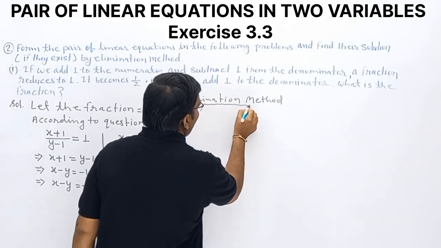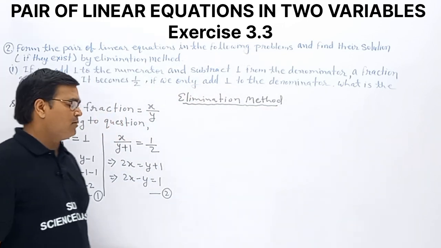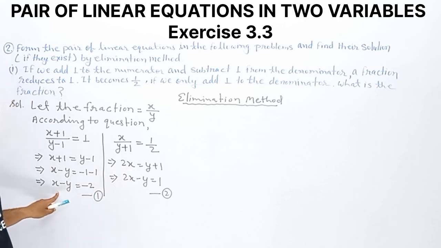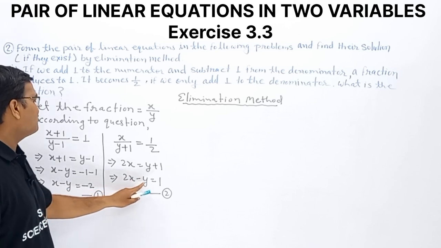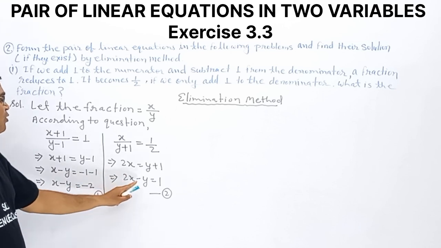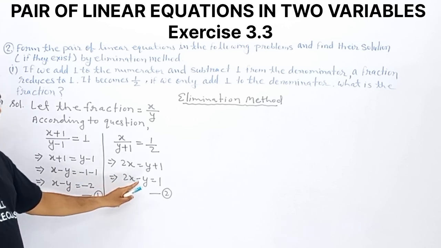Observe carefully how we will eliminate the variable. In the first equation, x minus y equal to minus 2, and in the second equation 2x minus y equal to 1. Once we subtract equation 2 from this one, the sign of this equation will be changed.